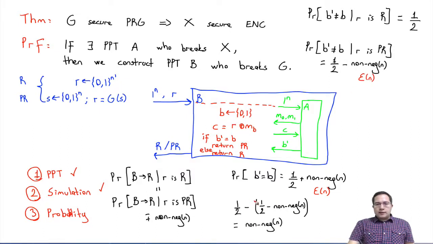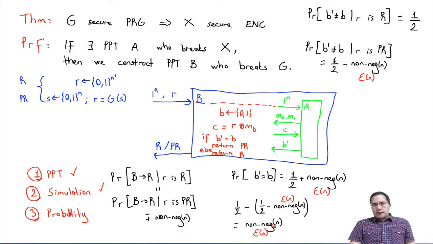And then the difference here will be equal to epsilon of n. So if epsilon is non-negligible, if the adversary has non-negligible advantage in guessing this bit, then our adversary B will have non-negligible distinguishing probability.